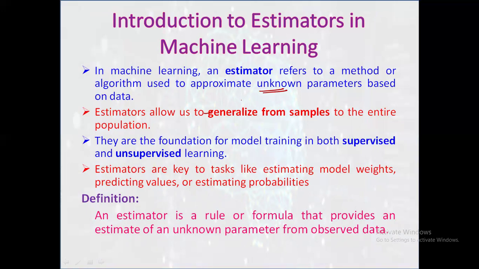For instance, if we don't know the true mean of a population, we can use the sample mean as an estimator. Estimators allow us to generalize from a small sample to the broader population. This is essential because we often cannot measure or observe the entire population, especially in large scale data applications.